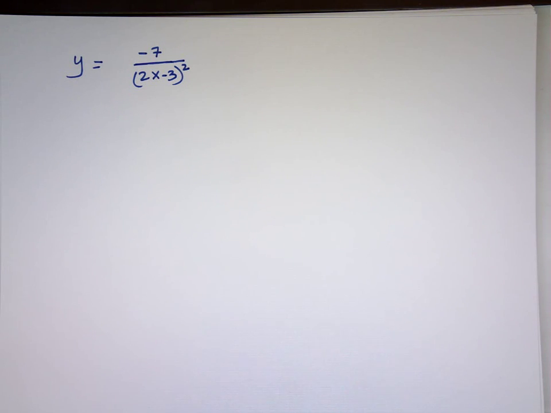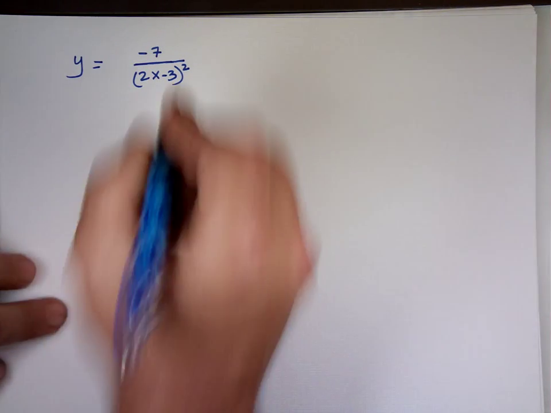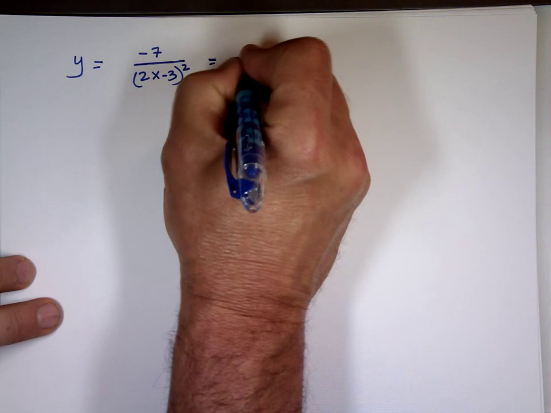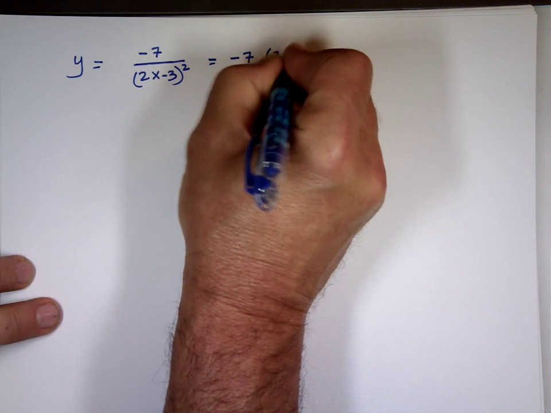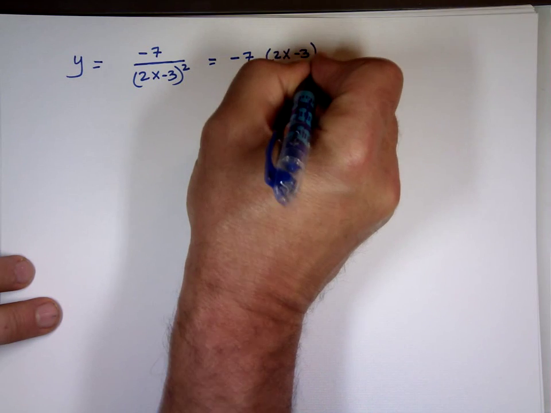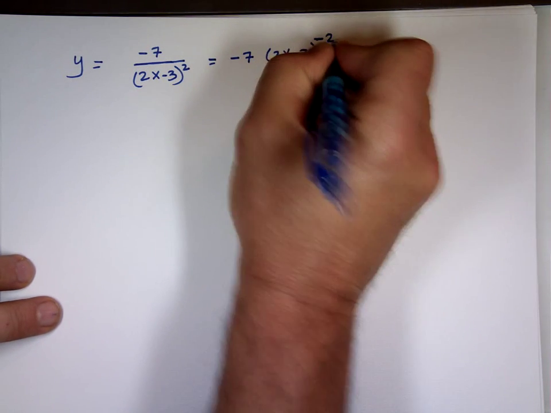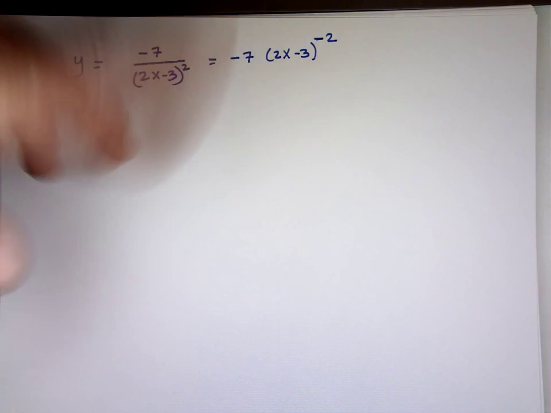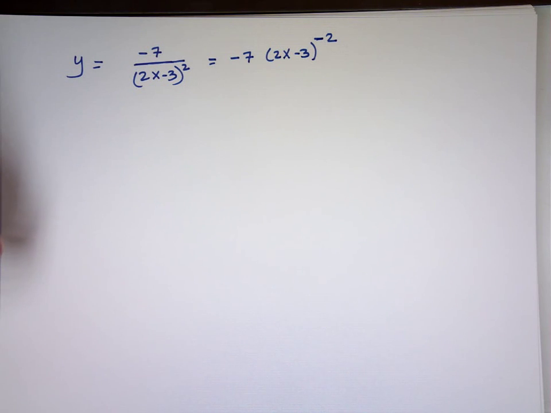Sure I can. Do I want to use it? Not really. No. It's going to take a whole page. I can write this as negative 7 times 2x minus 3 to what power? Negative 2. The power is different than 1. Chain rule is a flag. Maybe I should be using that.